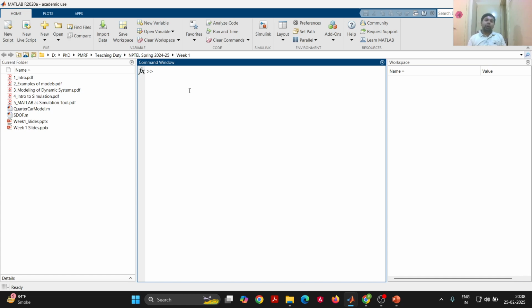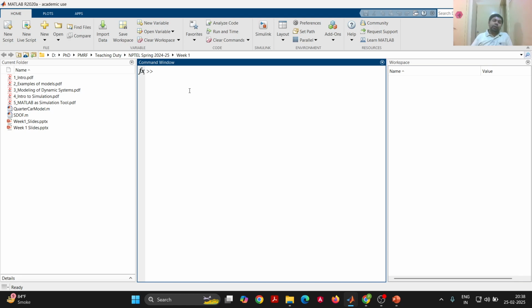There is something called the current working directory, and then there is also the MATLAB path. So what is the MATLAB path? When you give a command to run a certain MATLAB file or code present in some folder, MATLAB searches for it within the MATLAB path.